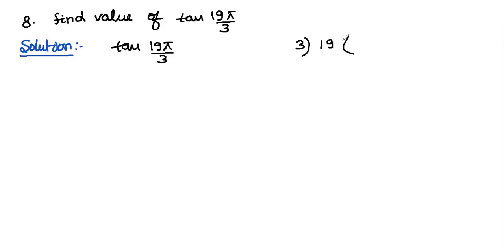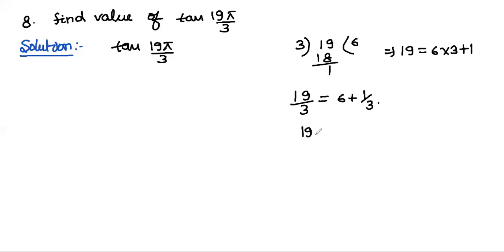After division, we can write 19 as 6 into 3 plus 1. So 19 by 3 will be 6 plus 1 by 3. So 19 pi by 3 is 6 pi plus pi by 3. So we can write it as tan of 6 pi plus pi by 3.